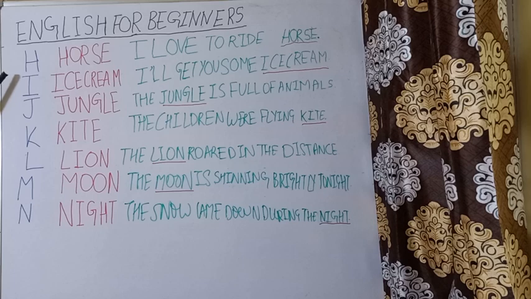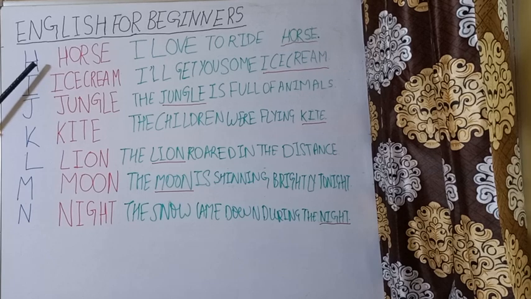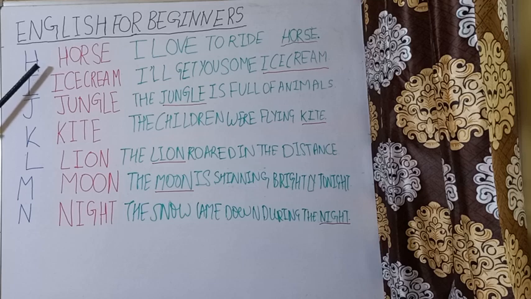H. H for horse. Horse is spelled as H O R S E. Let's see how the word horse can be used in a sentence.